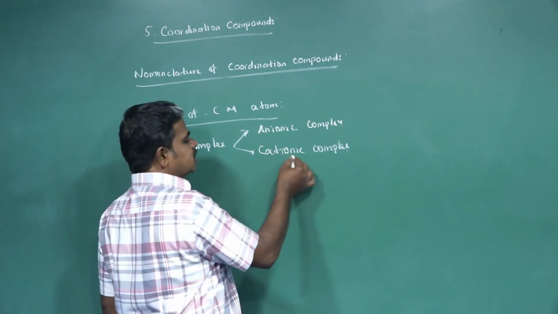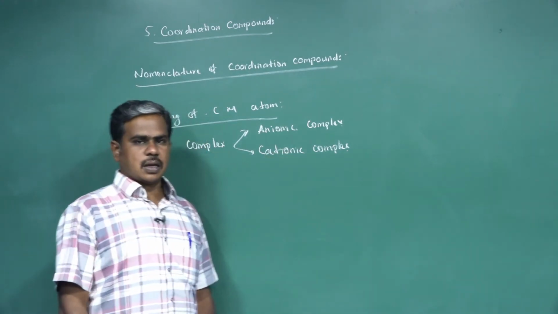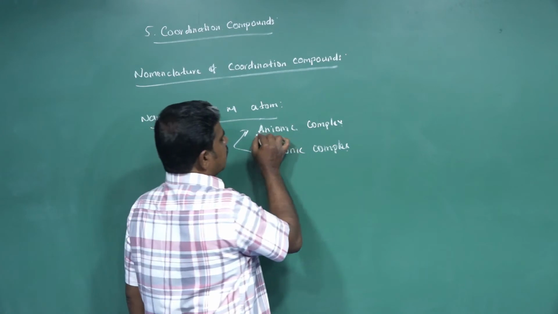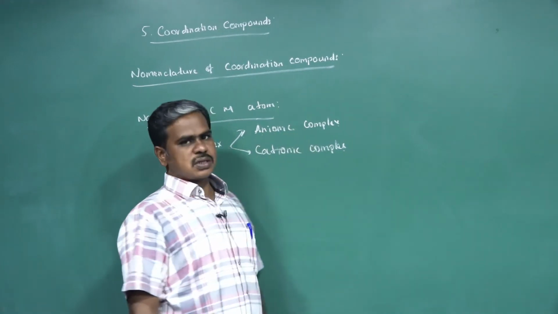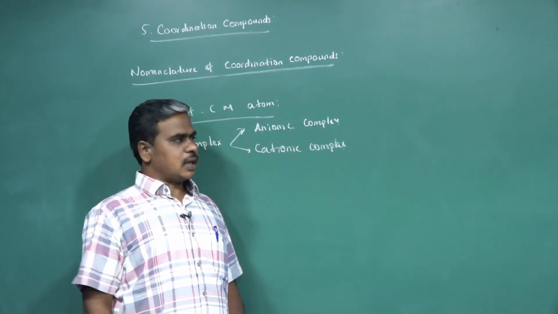If the charge is positive, then it is a cationic complex, and if the complex charge is negative, then it is an anionic complex.